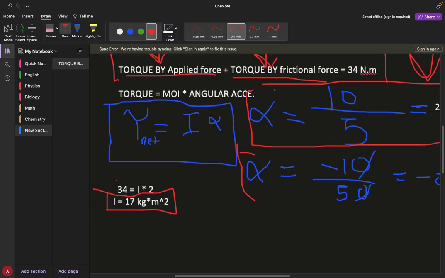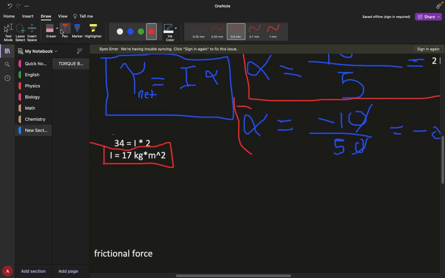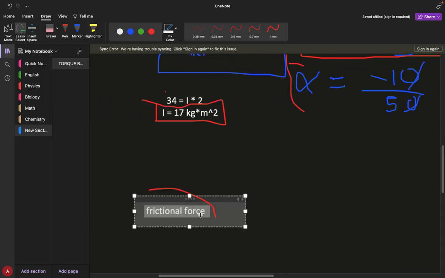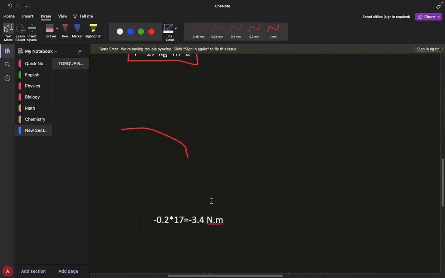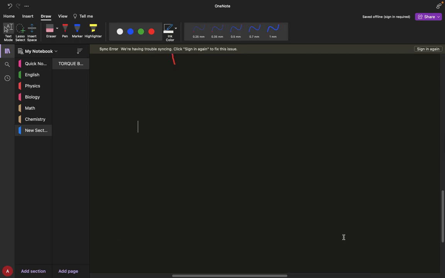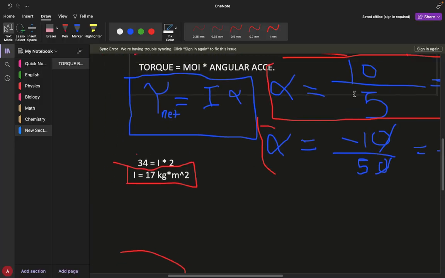That's just how it works, not my fault. Let me delete this one sec. Now let's get into finding the torque by the frictional force.